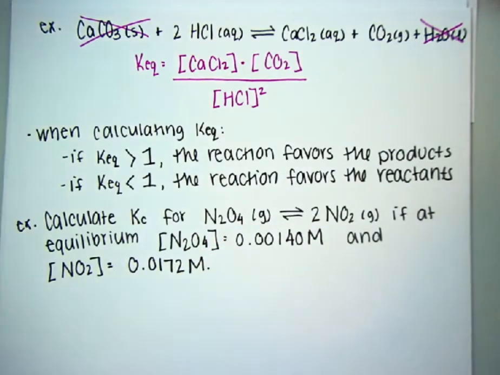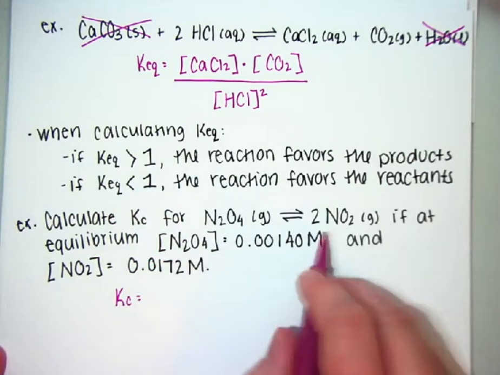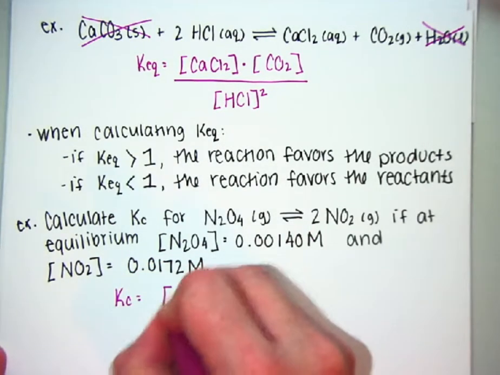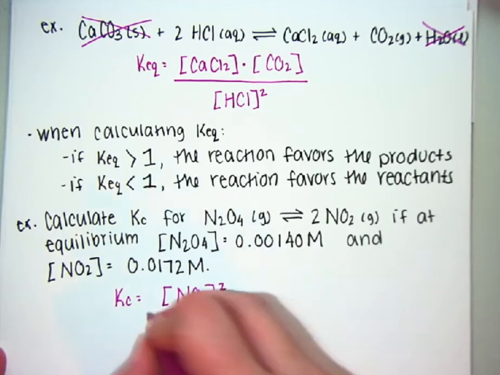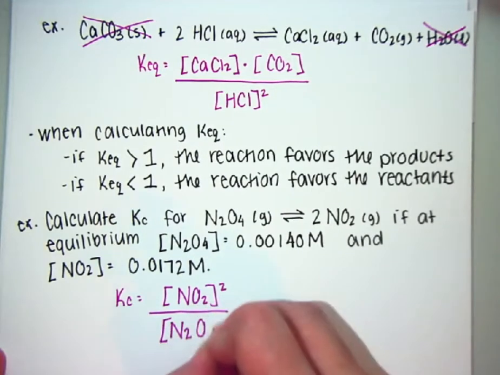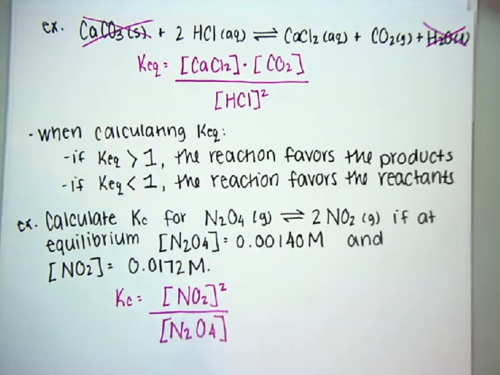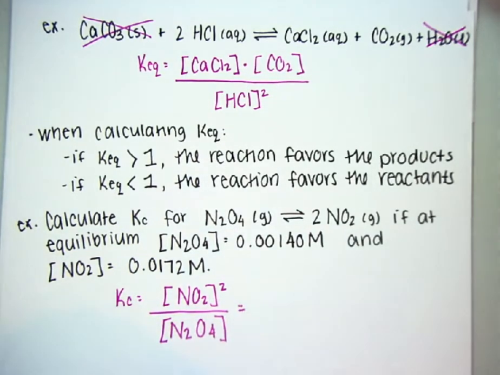All right, so first thing that we have to do is write the equilibrium expression. So again, it's going to be products over reactants, each raised to the power equal to their coefficient. Now we can plug in our numbers and solve.